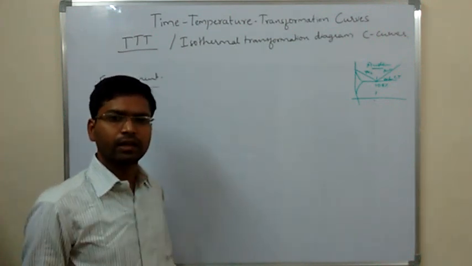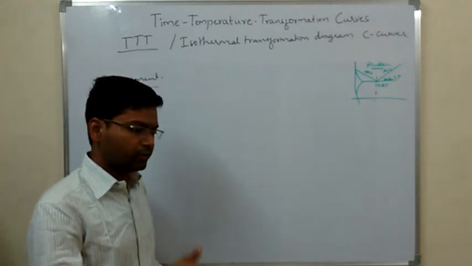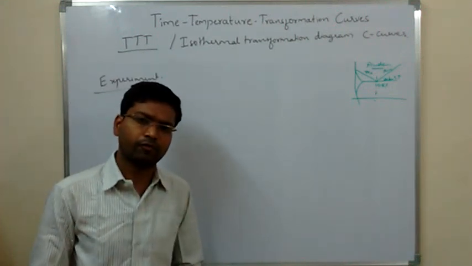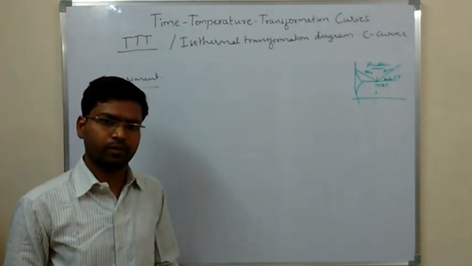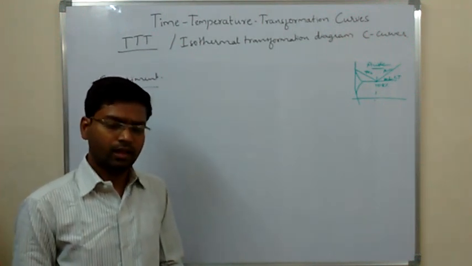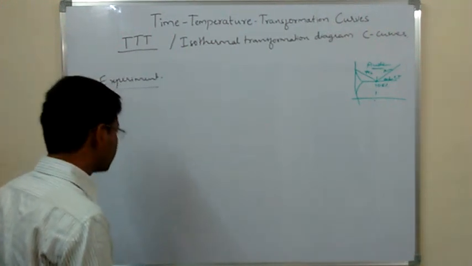The samples are removed one by one at different intervals of time. After that, the morphology of the specimens is studied under an optical microscope. So this is the experiment, and we will get the transformation curve like this.